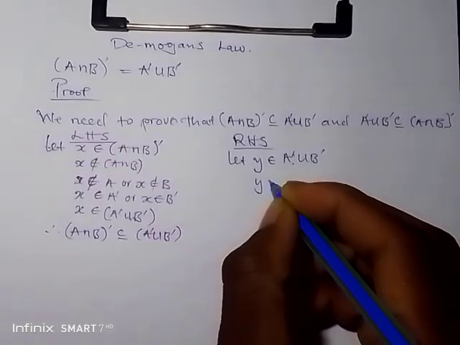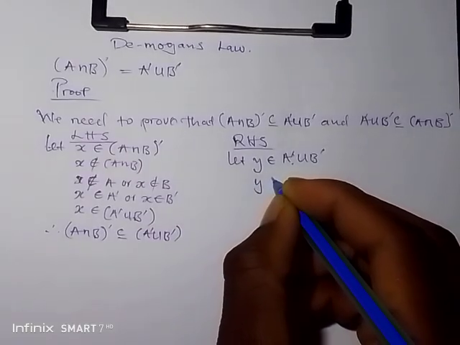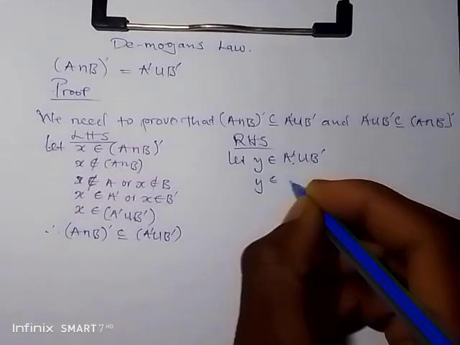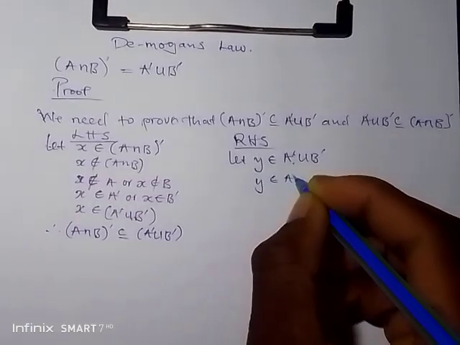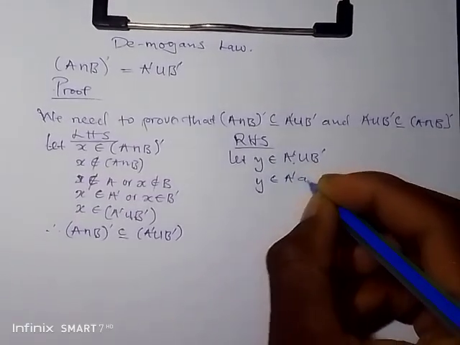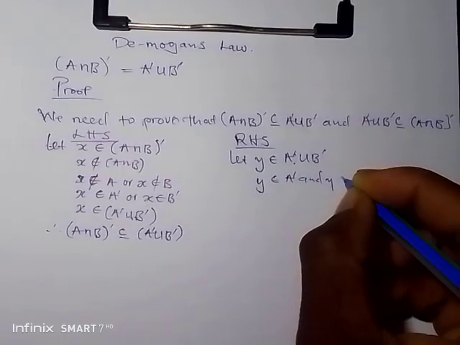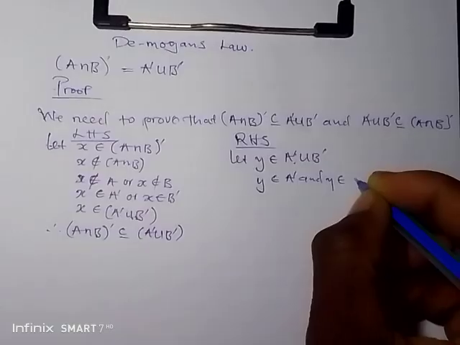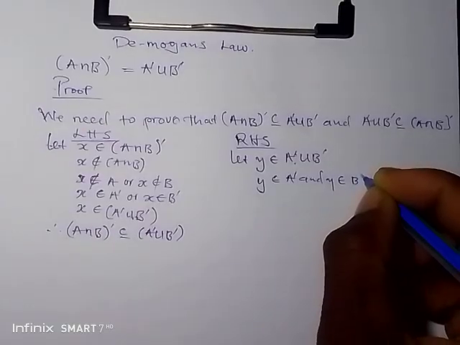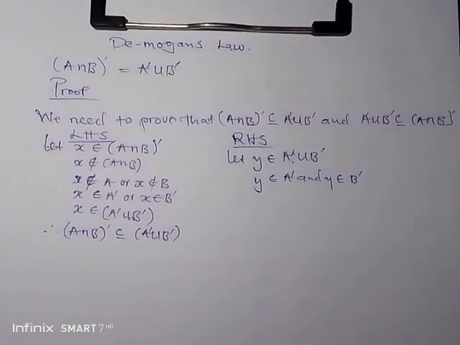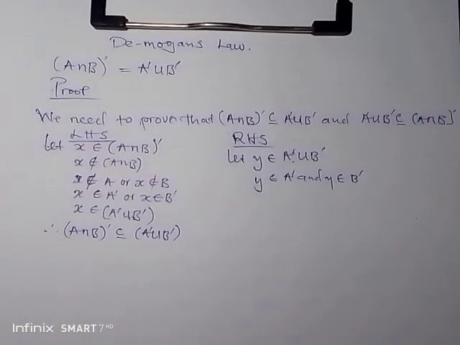You will notice that Y is a member of A complement, and Y is also a member of B complement. So now what we need here is to understand nicely.